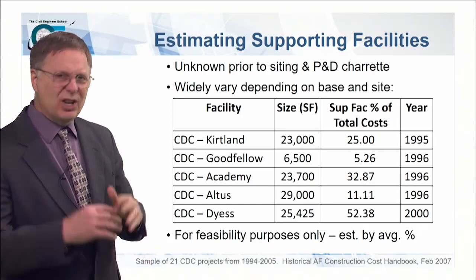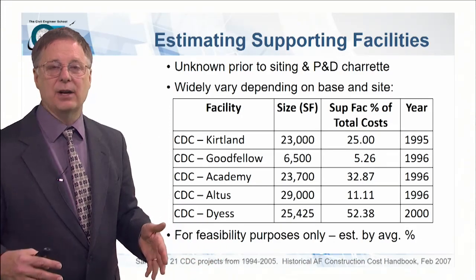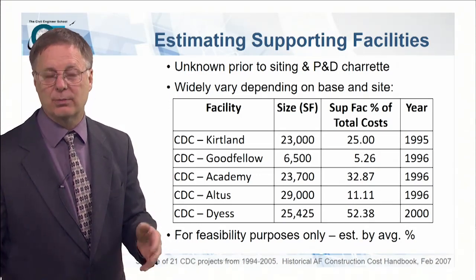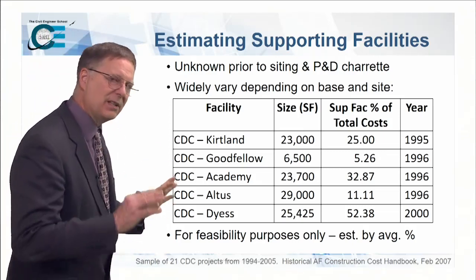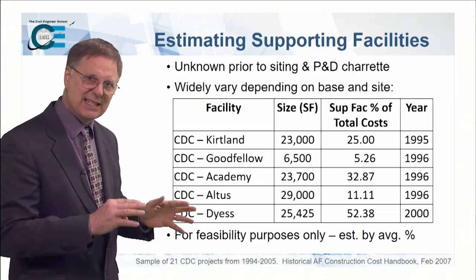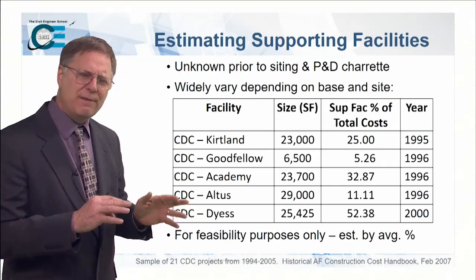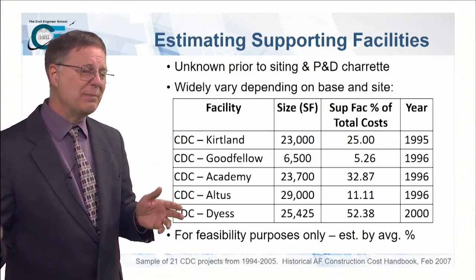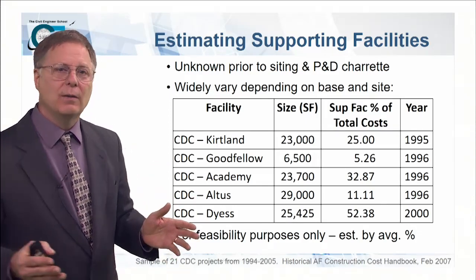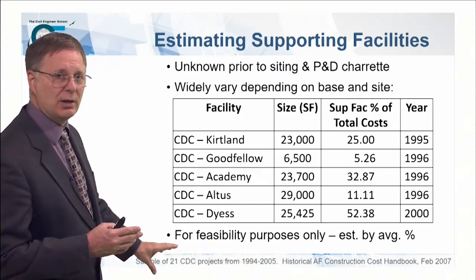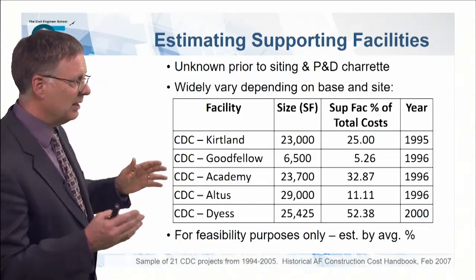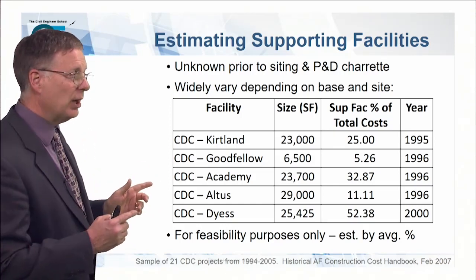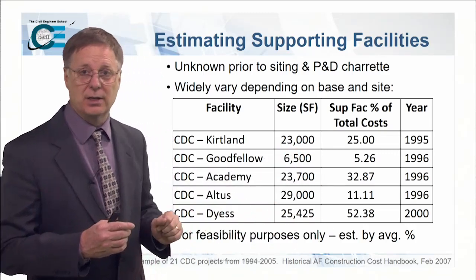Now, because it varies so widely, it really lends itself, and we'll talk about this in the supporting facilities lesson, to an analysis. You've got to get in there and actually pick out what your supporting facilities are. But for the purpose of the square foot, square meter estimating lesson, in our methods, would it be valuable to know what the average would be? We've got cost data that runs back 20 years. We know, based upon projects that extend across a long time period, that we've got a lot of different facilities built of a particular kind, and we can then look at what the average cost is for each of these facilities.